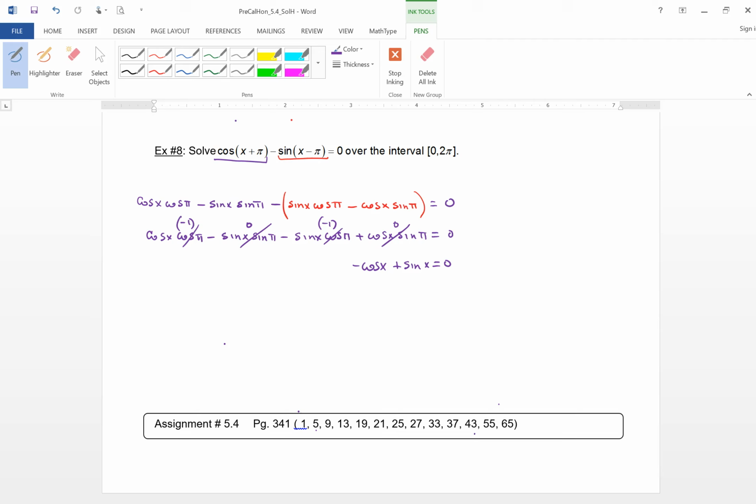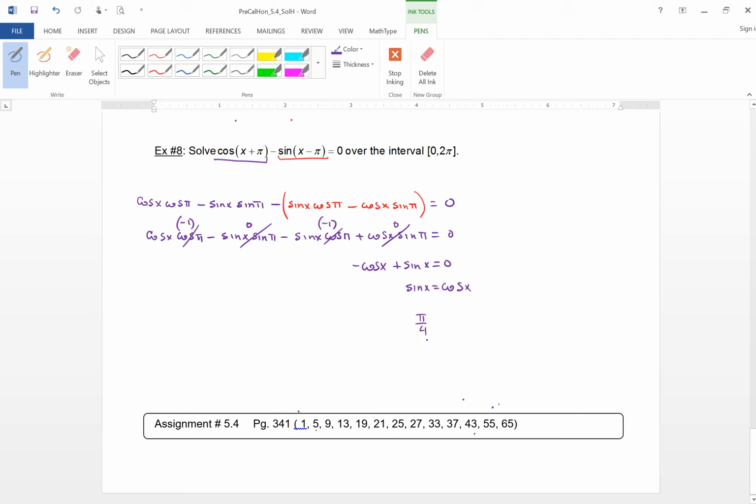So look at the quick way that we can do this, because we're solving this. If you just add cosine x to the other side, sine x is equal to cosine x, right? What's the angle where sine and cosine are the same? 45 degrees.